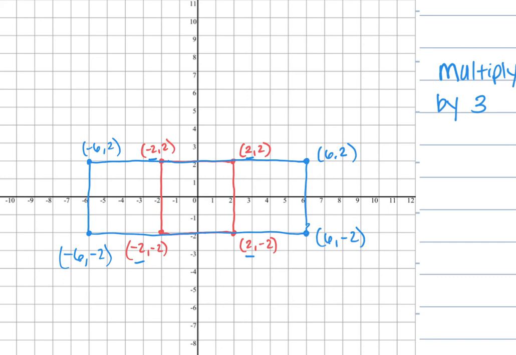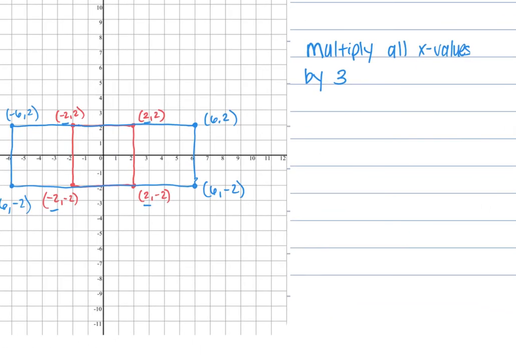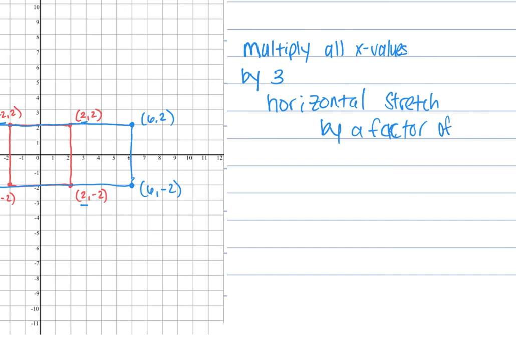This is what we call a horizontal stretch by a factor of 3. We multiplied all of our x values by positive 3. So we grabbed the 2 sides of our square and we stretched them out to make a really long rectangle.